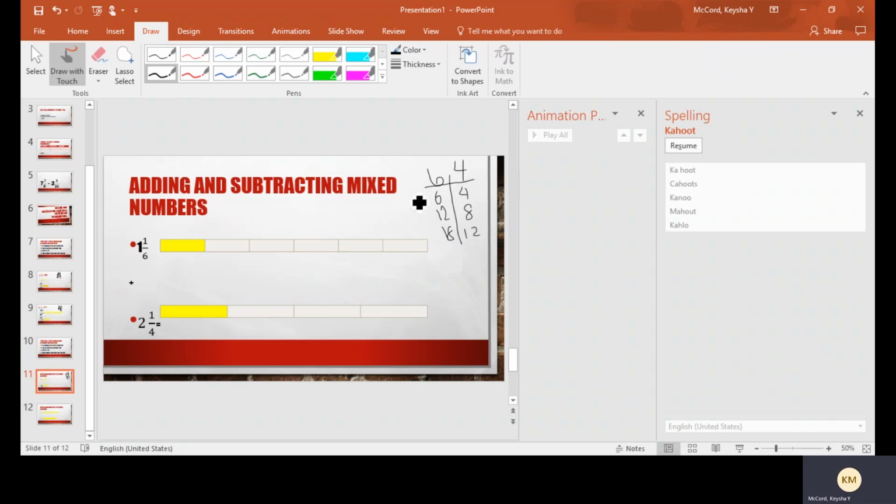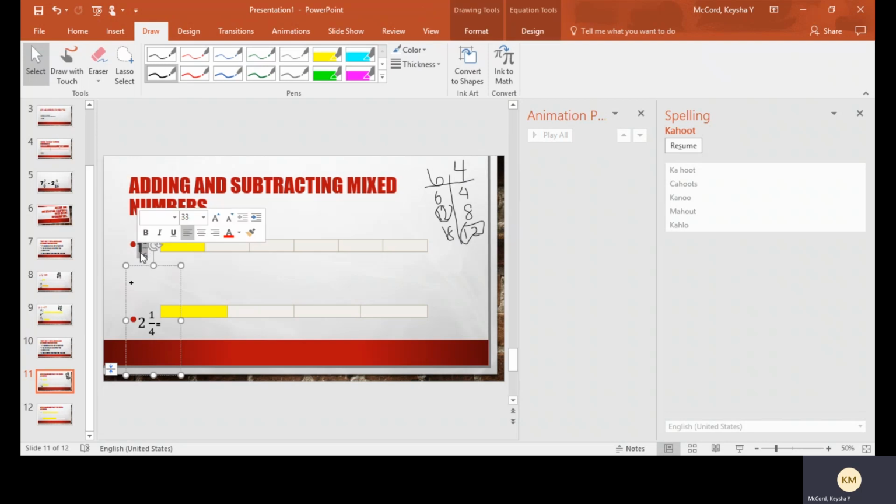Now remember, I want to find the least common denominator. If we look at our chart, that number is going to be 12. So that means I need to rewrite my mixed number where the denominator is going to be 12, okay? So what I'm going to do is the following.